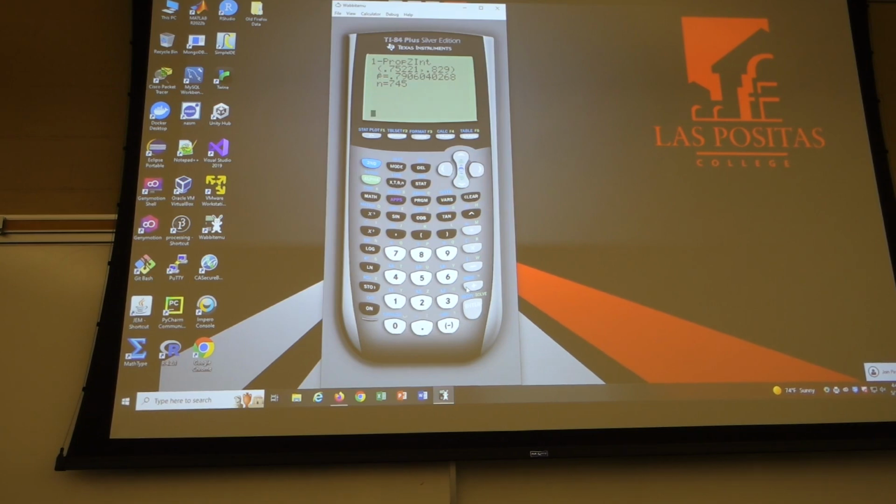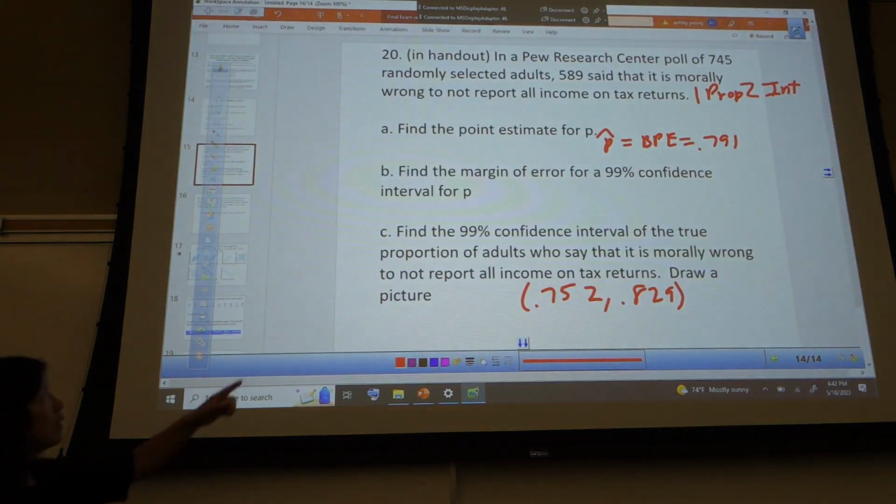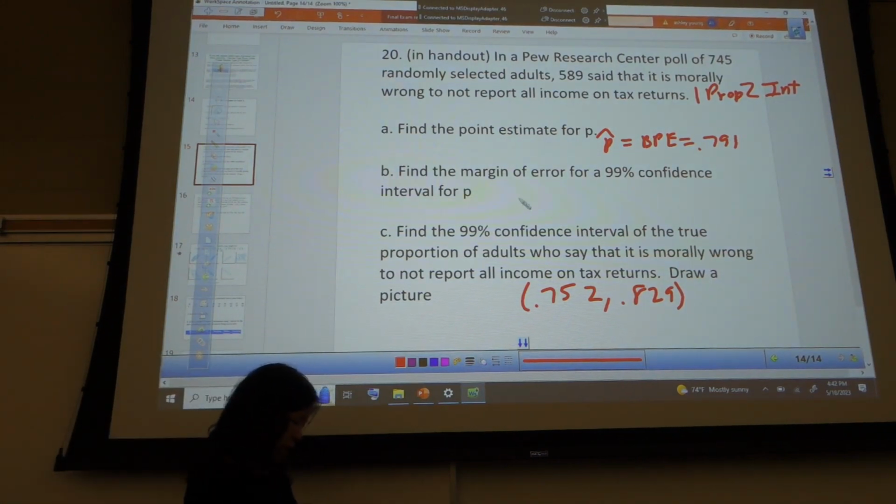And it also gave you your p hat, which is your best point estimate, 0.791. Okay, great. Now I need to find my margin of error. Well, my error is just my p hat minus my lower limit. 0.791 minus 0.752, and you got 0.039.